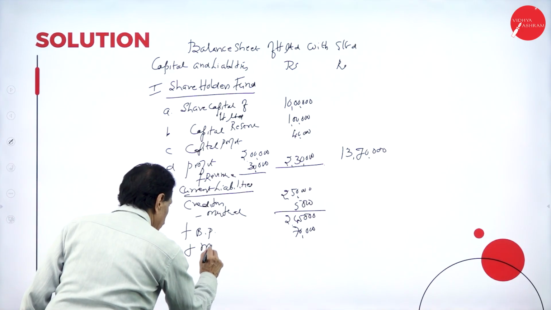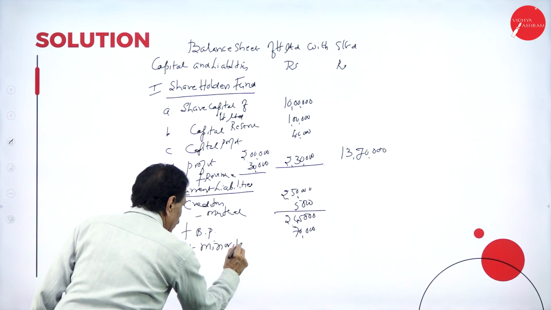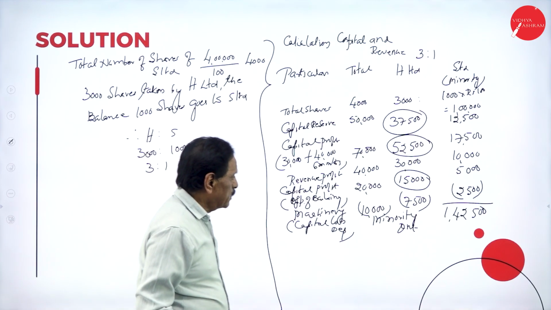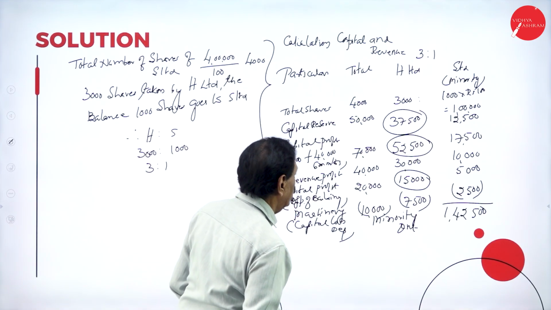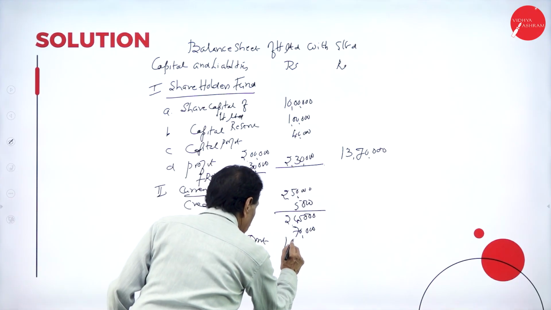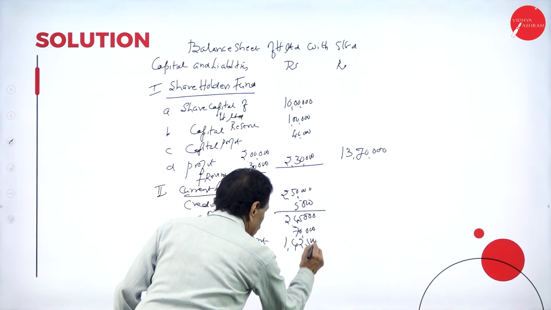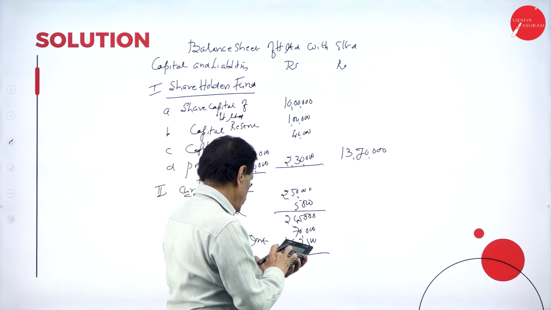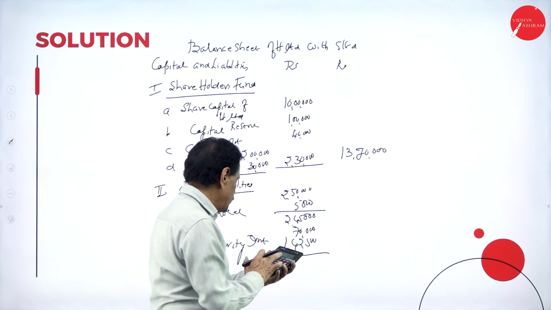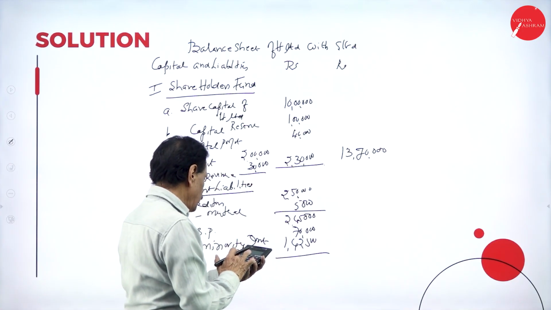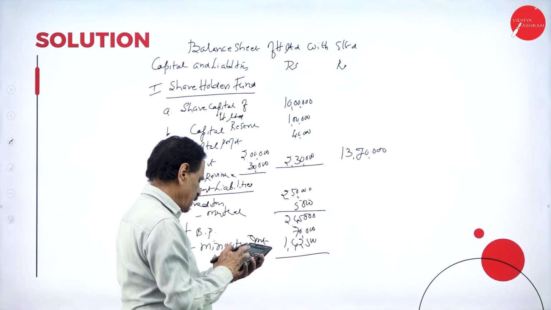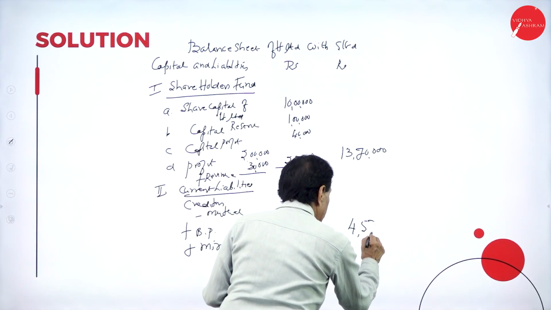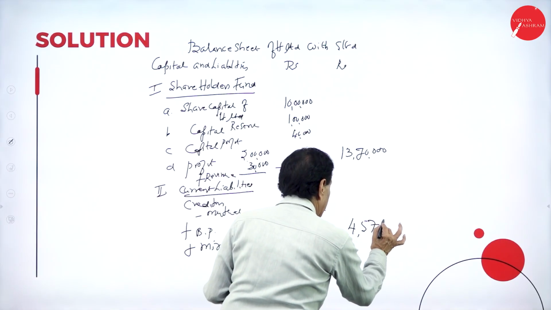Minority interest. Minority interest 1,42,500. Add 2,45,000 plus 70 plus 1,42,500. 4,57,500.